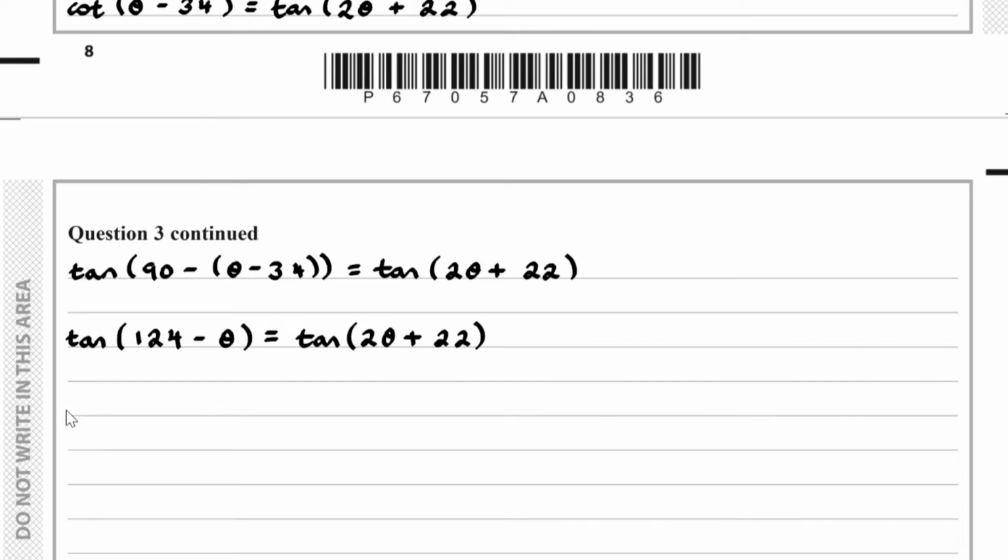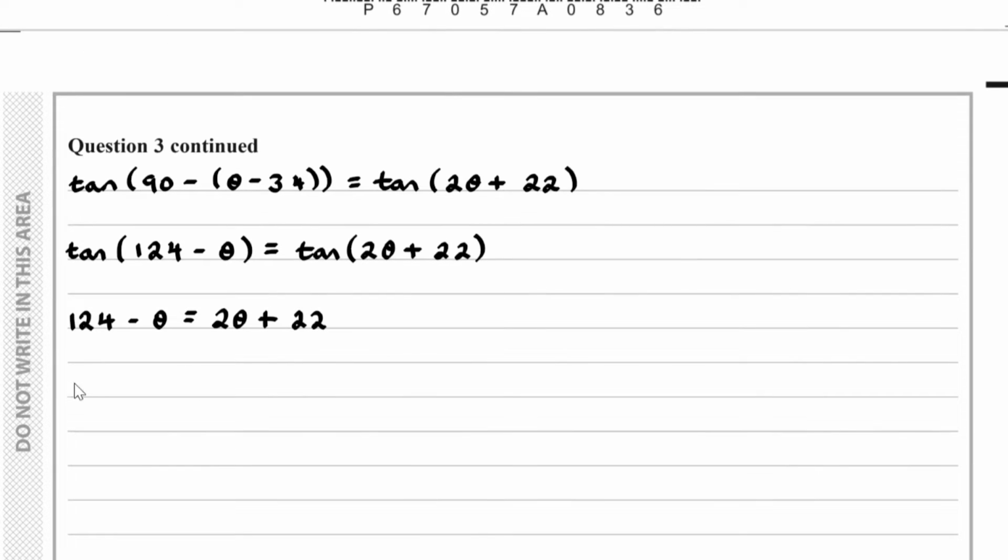So we would have 124 minus theta equaling 2 theta plus 22.